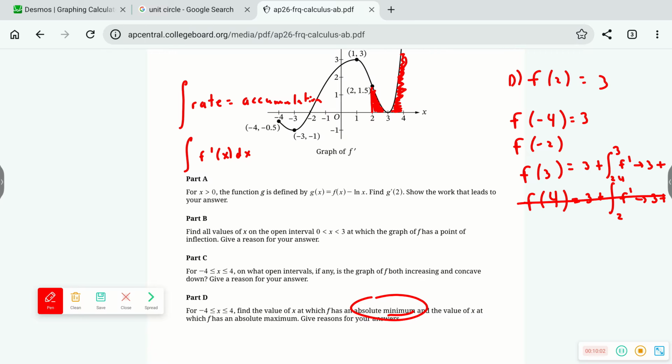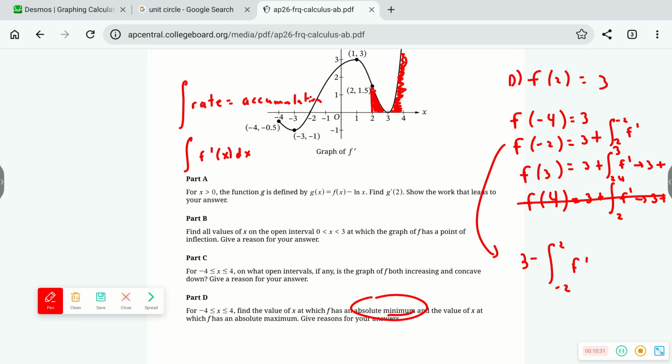What about f of negative 2? Well, f of negative 2 is the same thing as accumulating from 2 to negative 2 of f prime. That would be like saying 3 minus, because I have to fix those limits. Remember the limits on the integral? If this bigger one's on the bottom, you'll flip it. So that's going to become a minus.